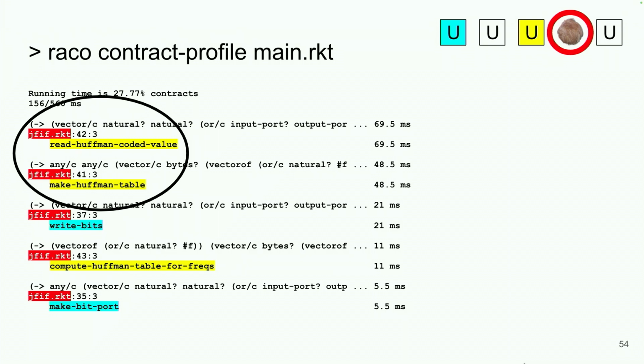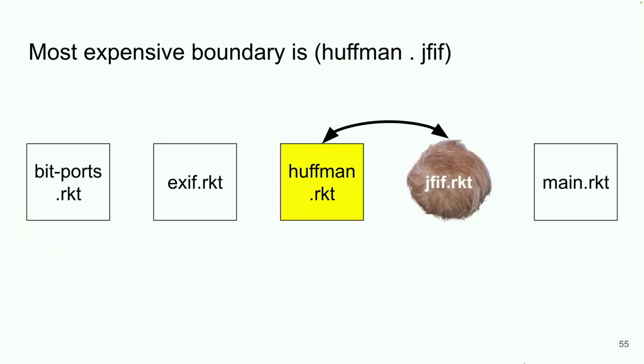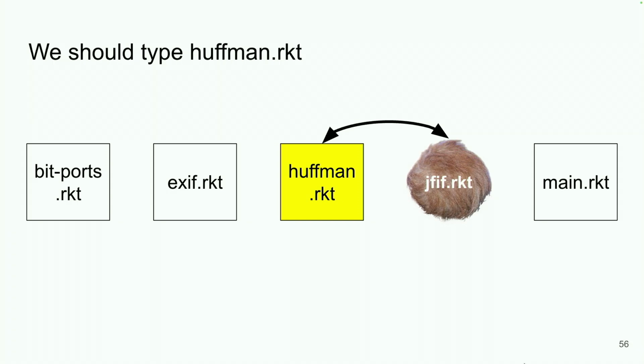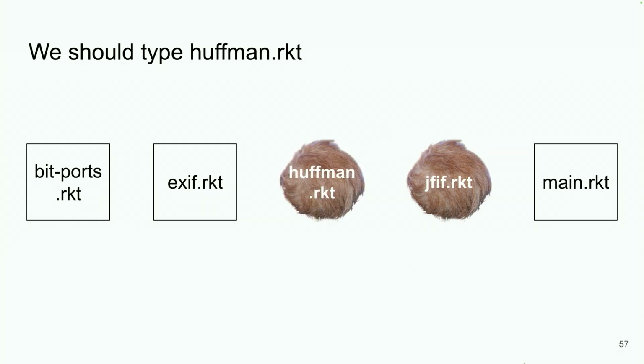That's the boundary that's taking up all this time. So if we type this boundary between Huffman and JFIF, then maybe our problems will get better. So we should type huffman.rkt. I'm going to wave my magic wand again. Boom. All right. What is our timing like now?